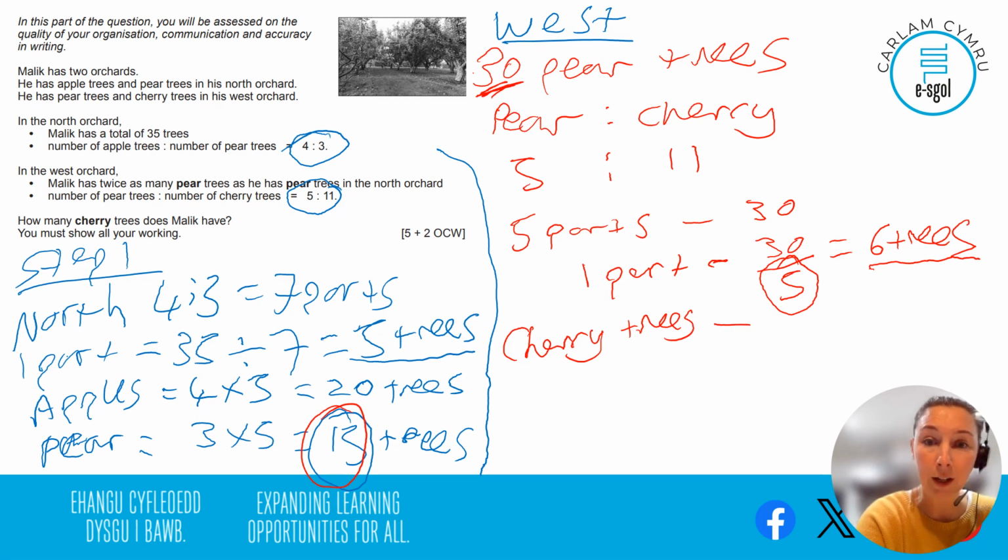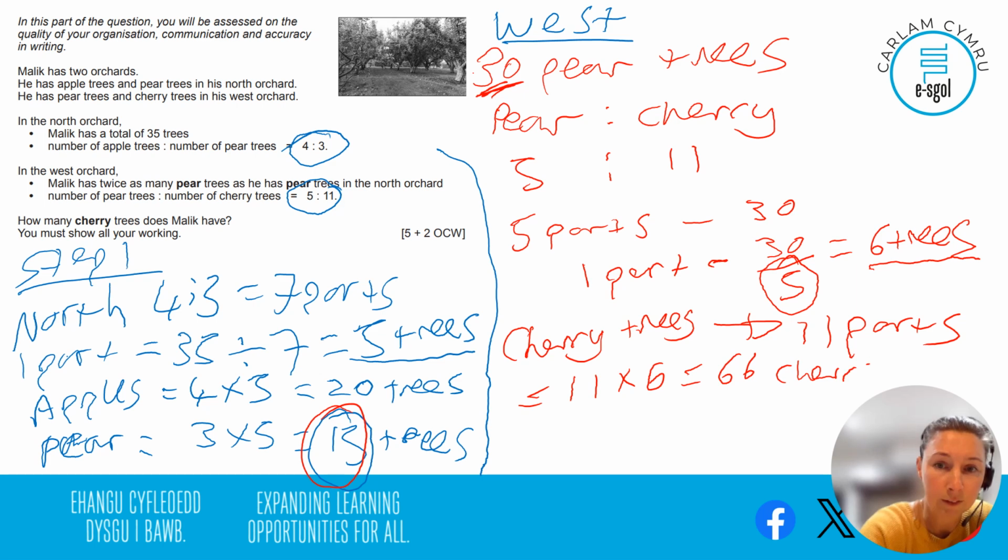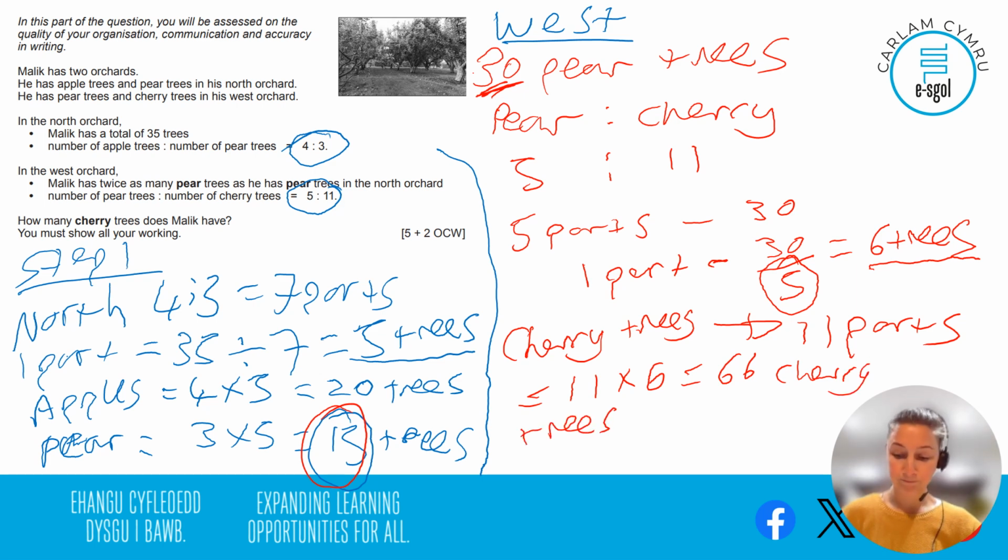So now we're going to work out the cherry trees. Which is, we know now, 11 parts. So we simply do 11 times 6 equals 66 cherry trees.